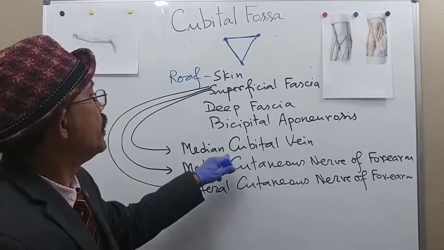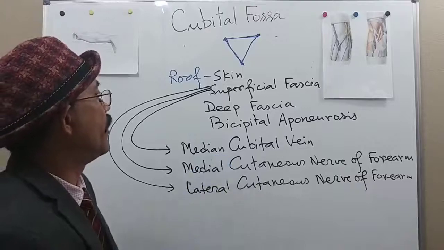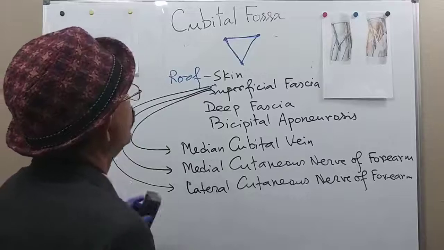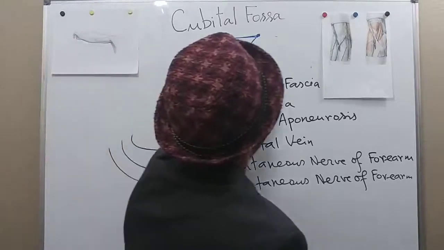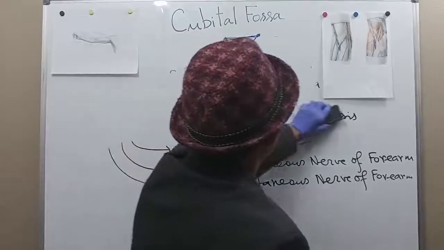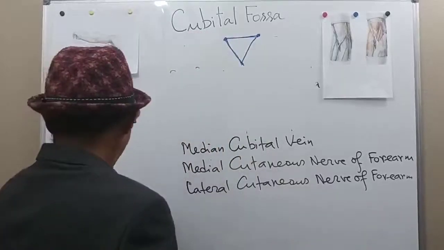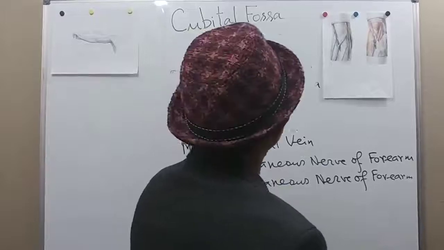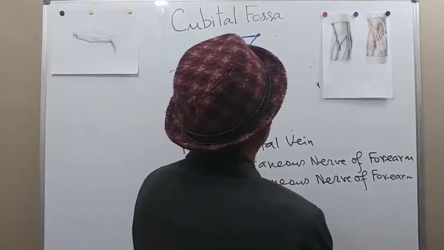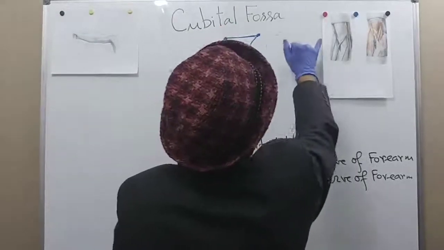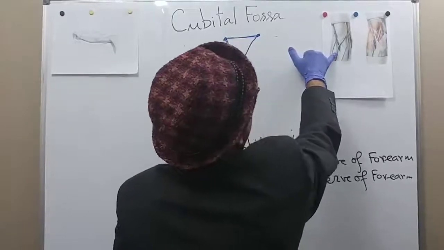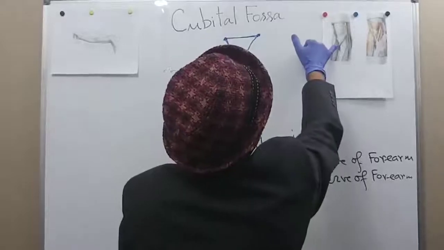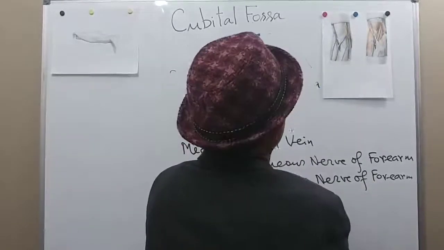So what is the median cubital vein? The median cubital vein is a connection between the cephalic vein and the basilic vein. So if you go here, this is the cephalic vein, this is the basilic vein. So the connection is the median cubital vein.